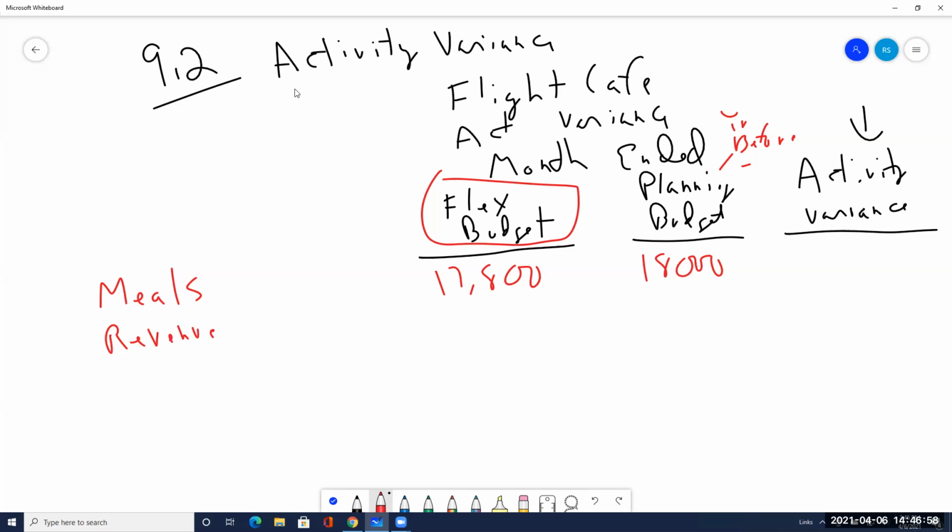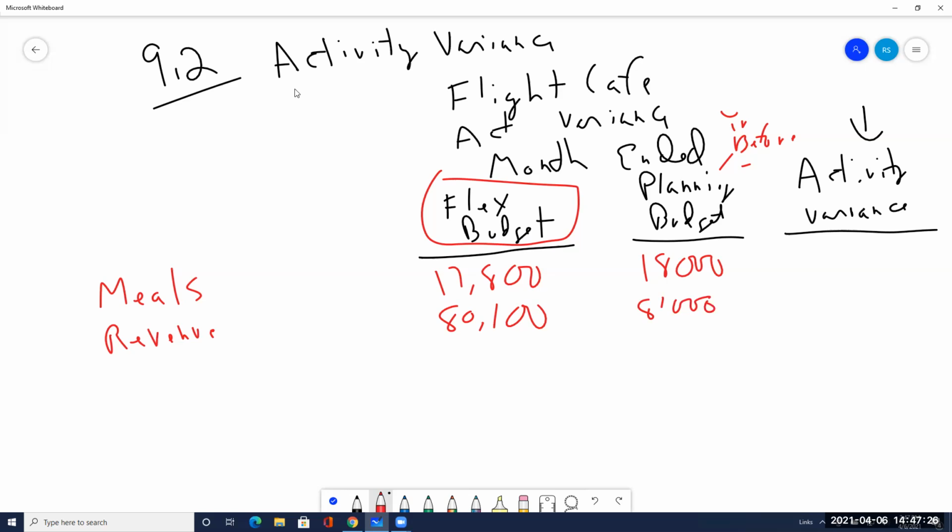Okay, and my revenue under the flexible budget was 80,100. An interesting thing is I just kind of made that number up. 80,100 and 81,000.